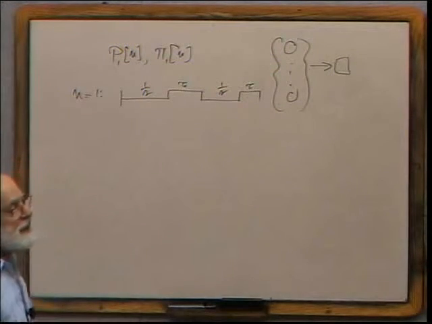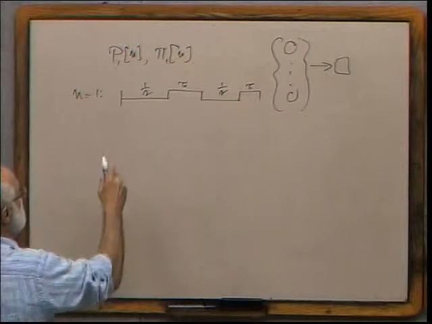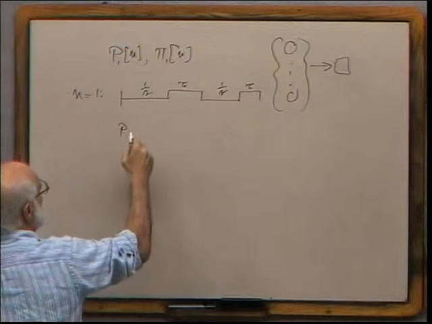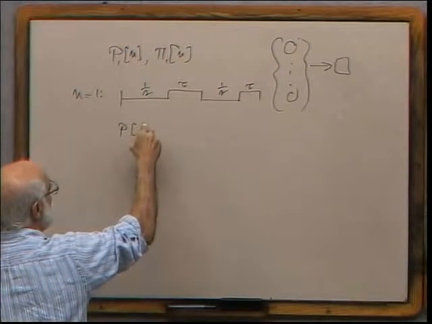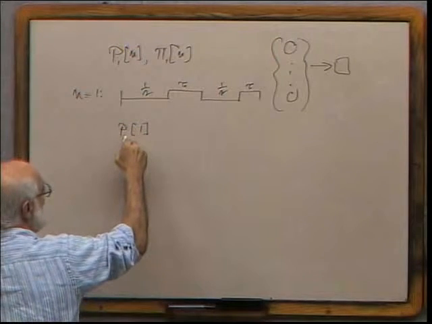Now, what's the probability that in this system with one source, the server is busy? I'm in state 1.